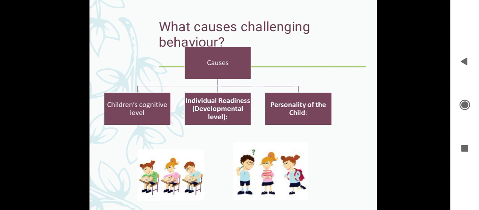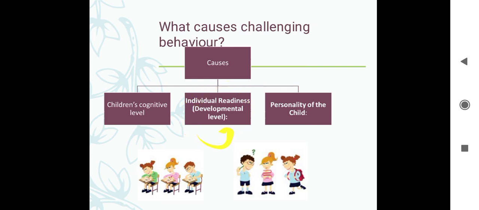For example, a 3-year-old child may try to pour water from a bottle and end up spilling it. It is not illogical, because it is related to the natural development of motor skills. Individual readiness means their fine motor skill is not ready for that activity.